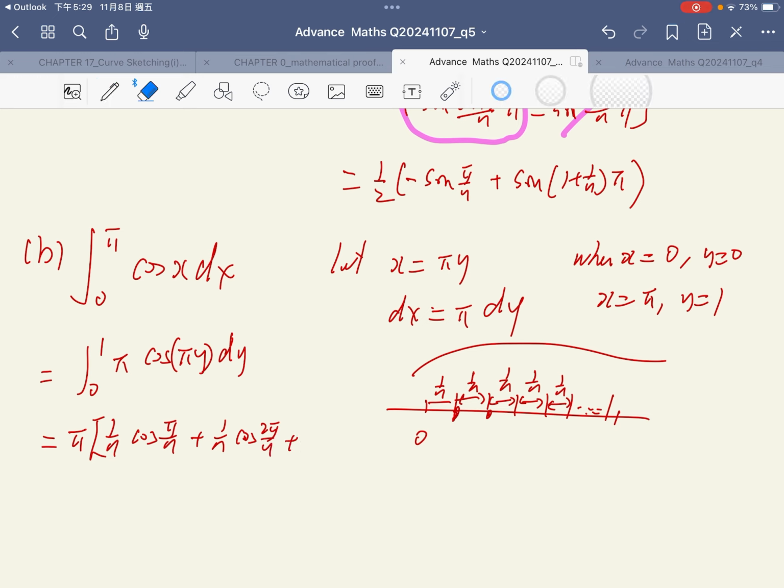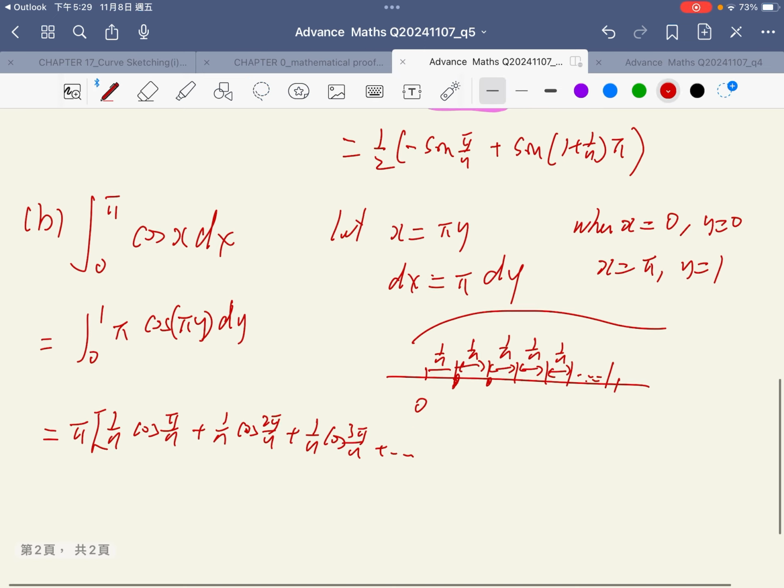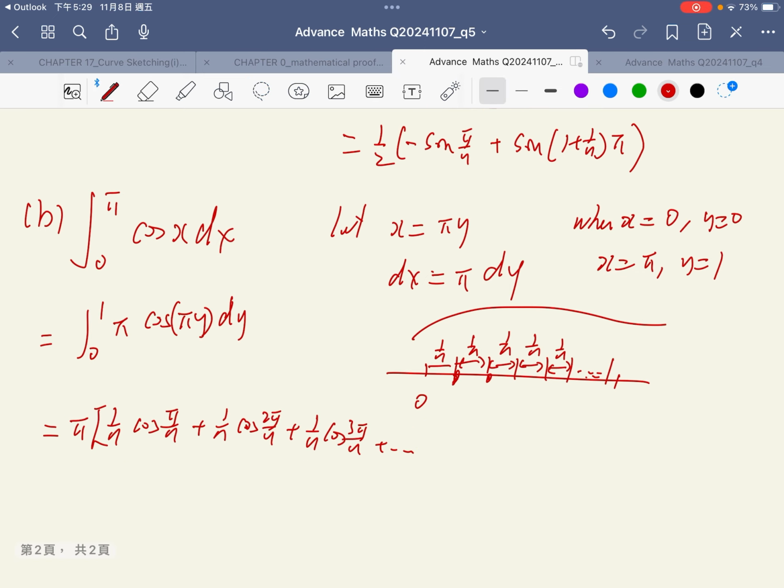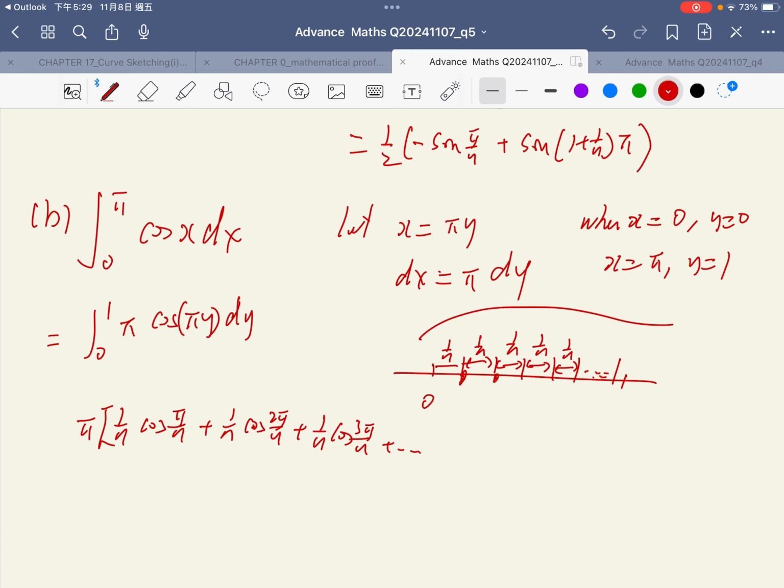For the third rectangle, 1 over n times cosine 3 pi over n. And for the last one, plus 1 over n cosine n pi over n.